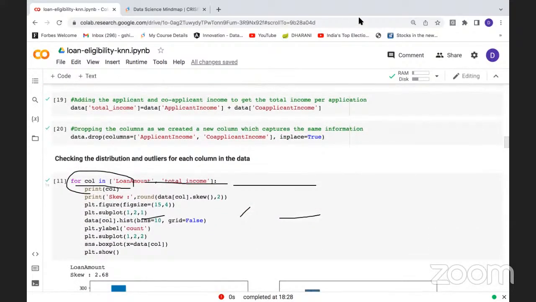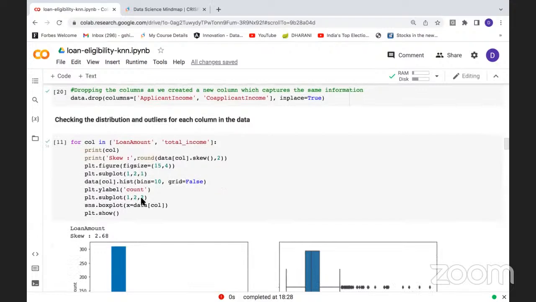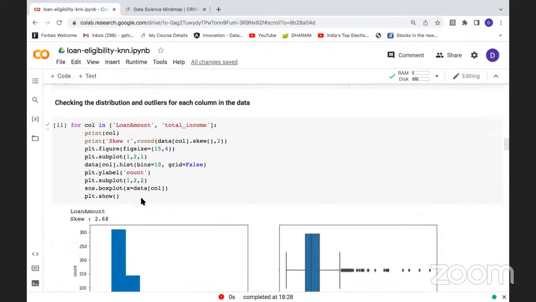Now another pre-processing step required is checking outliers, skewness, and the distribution of the data. We now have only two columns: loan amount and total income.